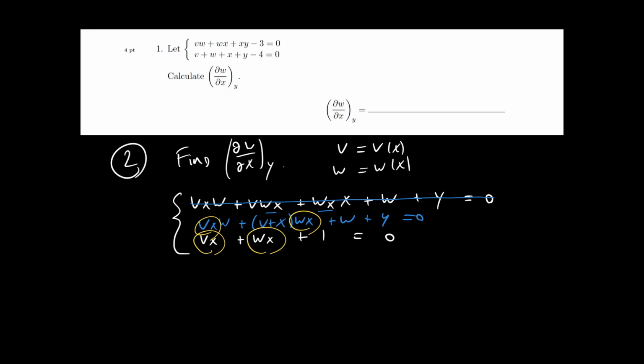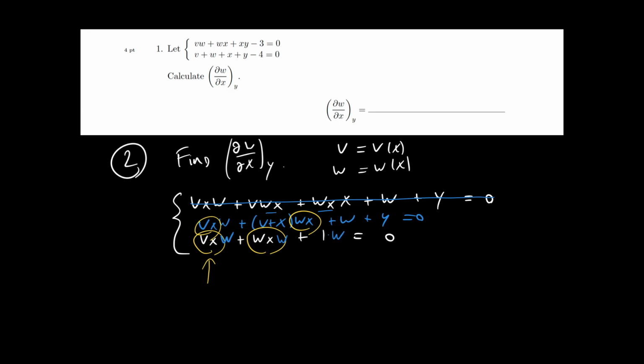So the way I'm going to solve for wx is by eliminating this derivative vx. And I can do that if I multiply the second equation by w. So let me immediately do that. I multiply that second equation with w. So that's times w, this is times w, and then 1 times w.